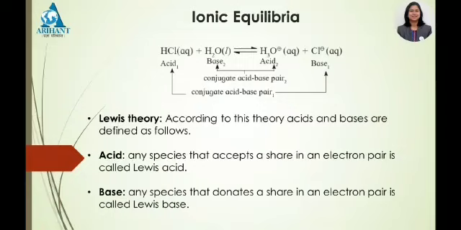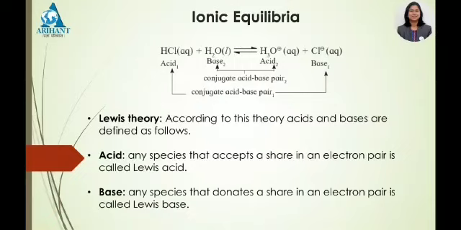So you can see the arrow H2O going till H3O plus ions. Base 2, acid 2. So this is conjugate acid base pair 2. Conjugate acid 2 base 2 pair.